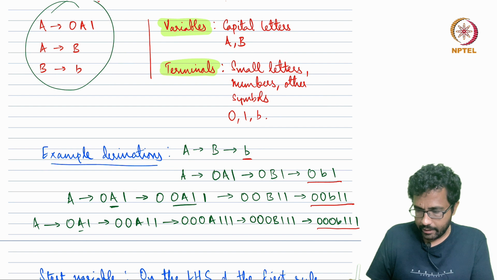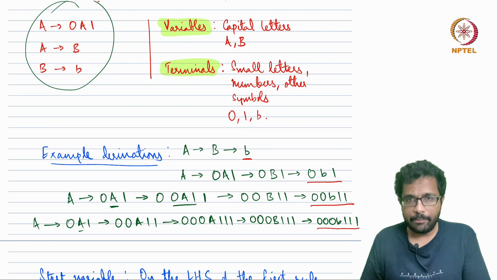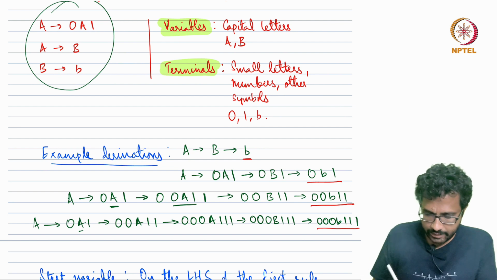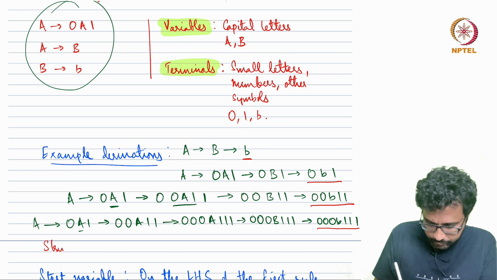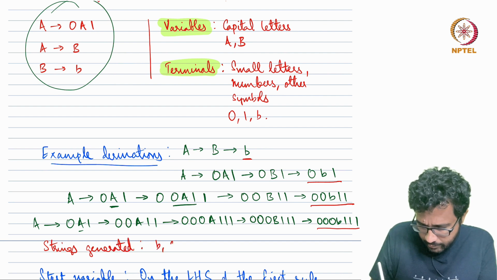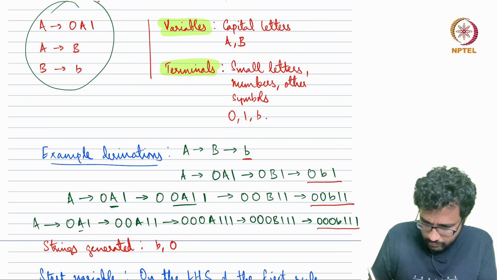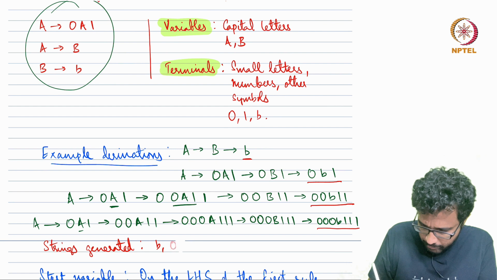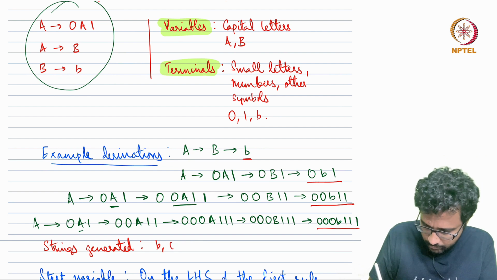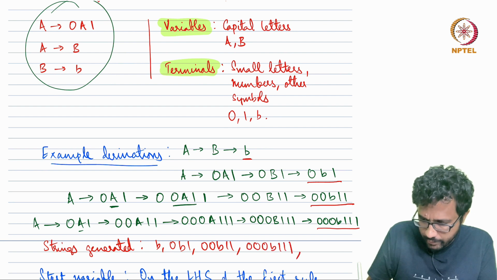So now you may see the pattern here, right? The strings generated are B, 0B1, 00B11, 000B111, and you can see the pattern.